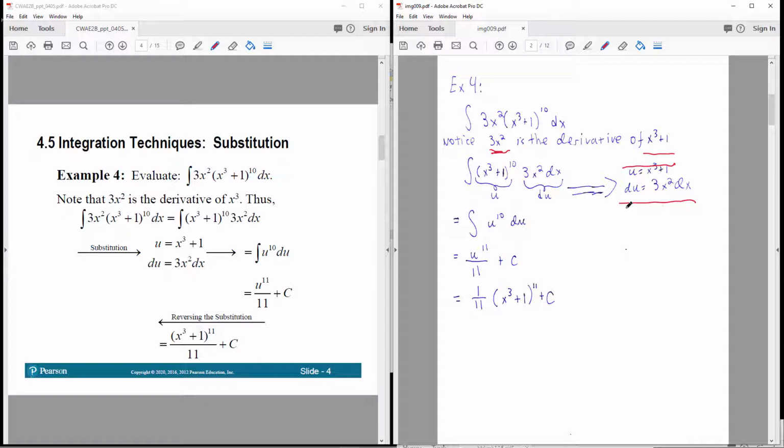Now we can move stuff around so we can see the u part there and the du part there. So what I have here is really in the form of the integral of u to the 10th du. Now we can integrate that function there, the u function, and then substitute back in. And it gives us our final answer.